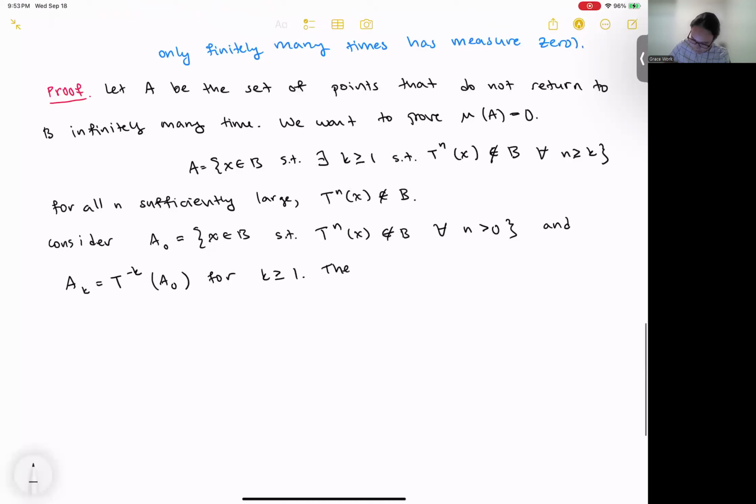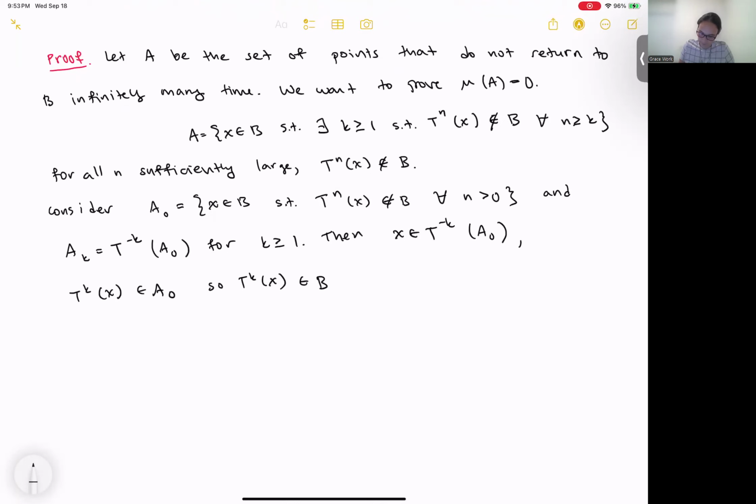What does this mean? If our point is in T^{-k}(A_0), then T^k of our point must be in A_0, which means T^k(x) must be in B by our definition of A_0. But T^n(T^k x), which is T^{n+k}(x), is not in B for all n greater than 0.